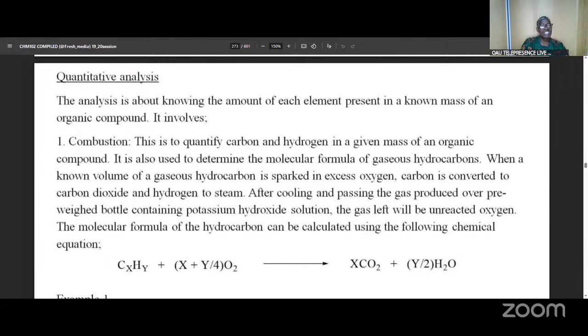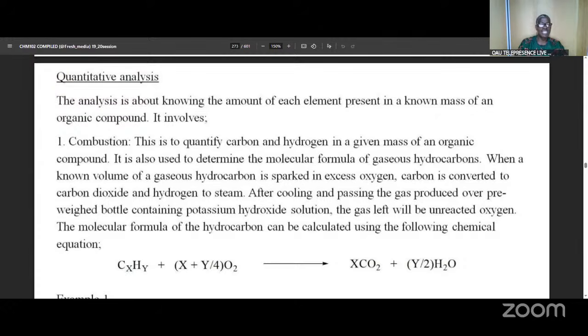Yes, quantitative analysis. This will involve, as you know, calculation. Now, what is quantitative analysis in identifying an organic compound? The analysis is about knowing the amount of each element present in a known mass of an organic compound.